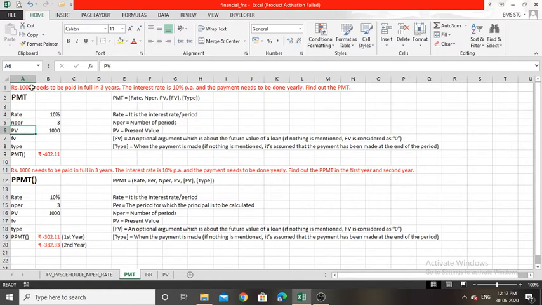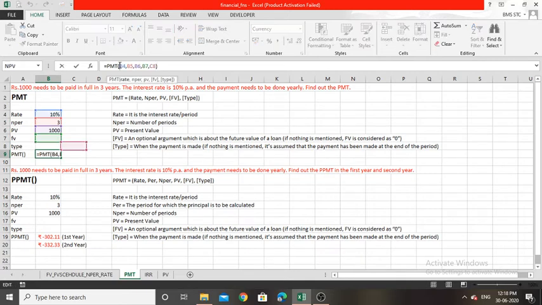So this much amount is going to be paid. PV is 1000. No future value is given, no type is given either. So either you can leave it blank or you can give 0 as here. You can put it in any manner, either an empty value or a 0 value. Okay. PMT also has the arguments rate, NPER, PV, FV, type, so that's why we listed these arguments here.